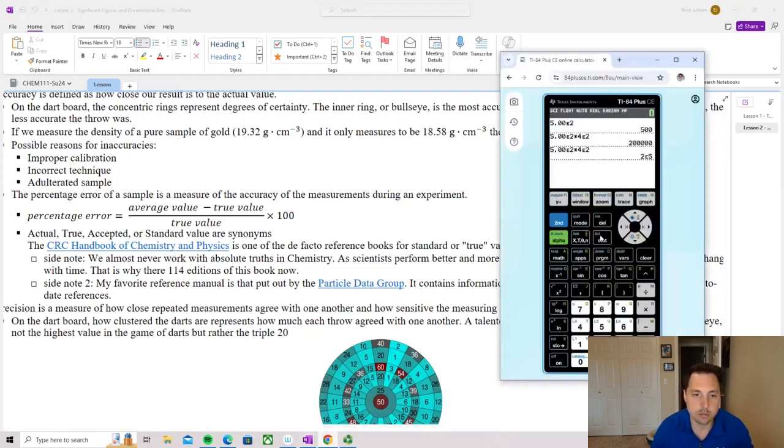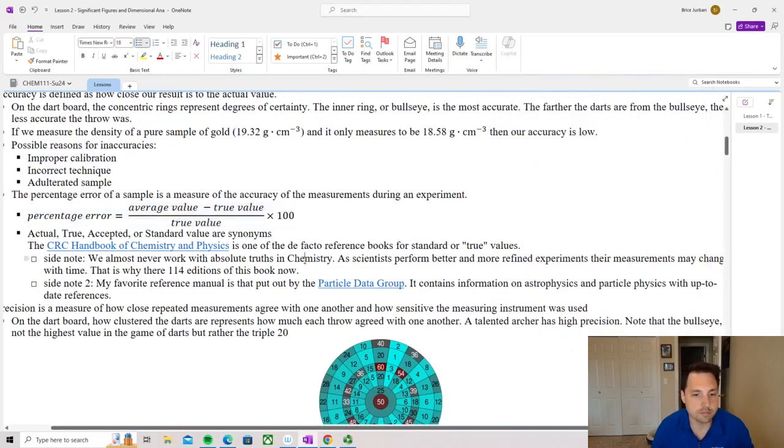So in this example, that would be 18.58 minus 19.32, divided by 19.32, times 100, which would be, put it back in normal mode, negative 3.83%. So a negative 3.83% error.